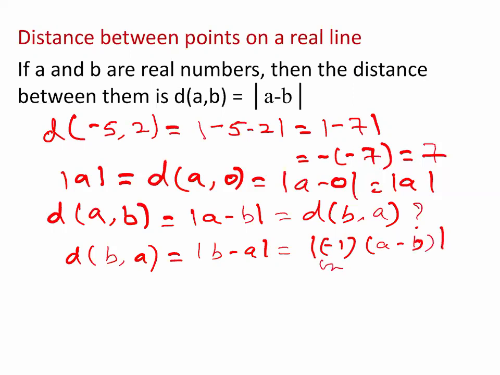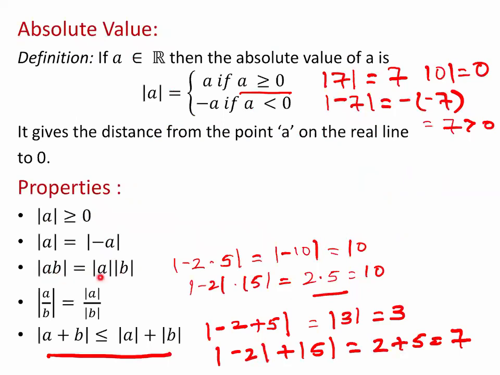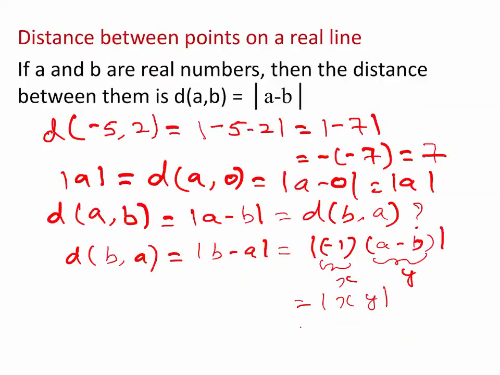This can be treated as the product of two real numbers, x and y. If we apply the property of multiplication here, that would be the absolute value of x times the absolute value of y.